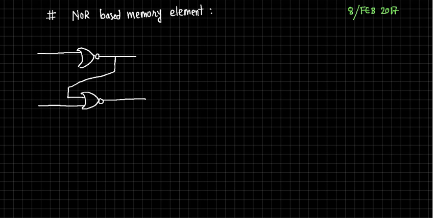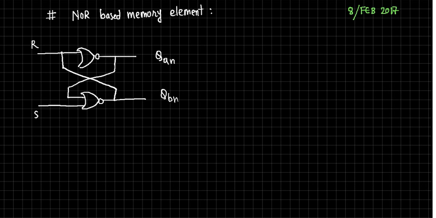The construction was something like this. We named the inputs S and R. Let me name the outputs QA new and QB new, where N indicates new.